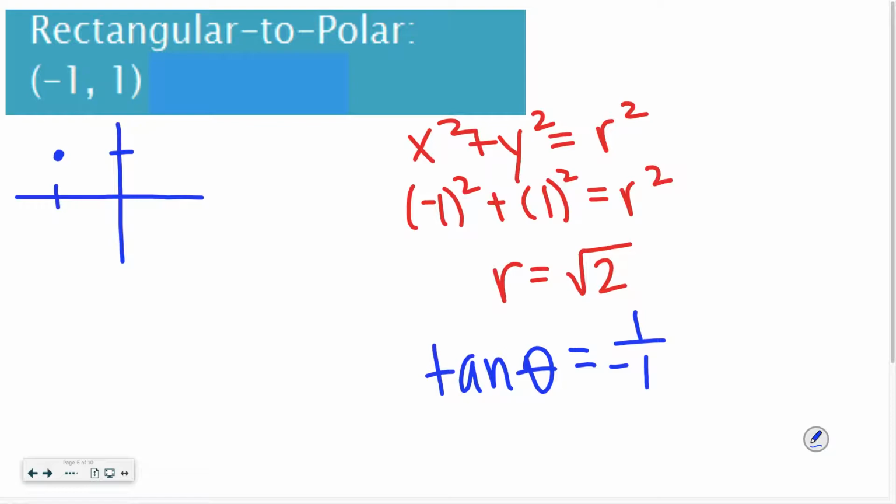So where in the second quadrant is your tangent equal to -1? Say aloud. 3 pi over 4. Yes, I know that at 7 pi over 4, the tangent's -1, but our coordinate is in the second quadrant, and it needs to match that. So our conversion would be radical 2, 3 pi over 4.